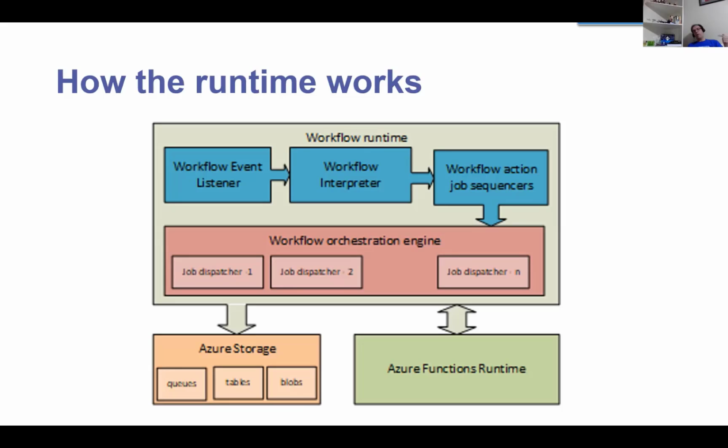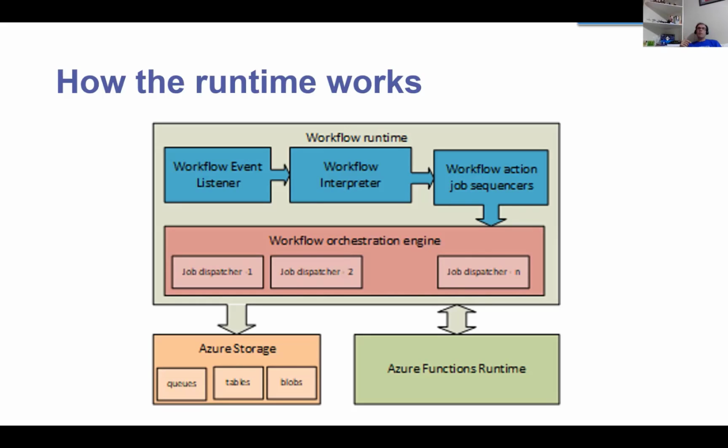When one of those logic apps that's being listened to by that workflow event listener is triggered, then you find on the workflow interpreter all the actions and pass it to that workflow action job sequencer. So what that job sequencer does is actually get the logic app, understand the dependency between each one of the actions, and create kind of a graph of that.